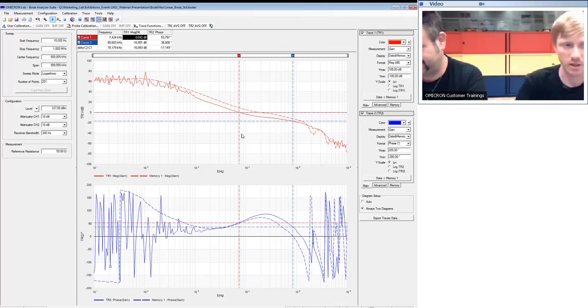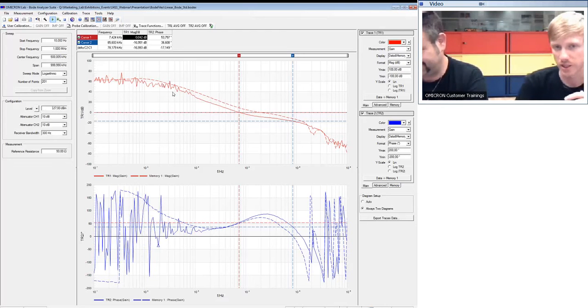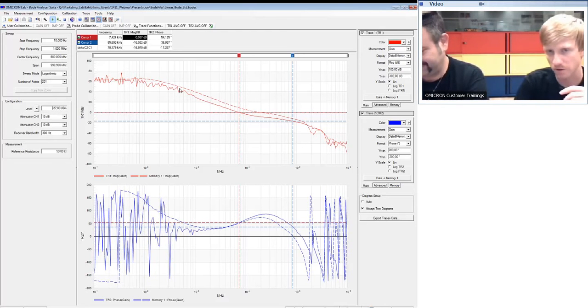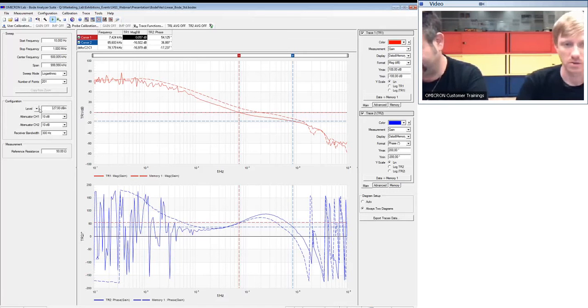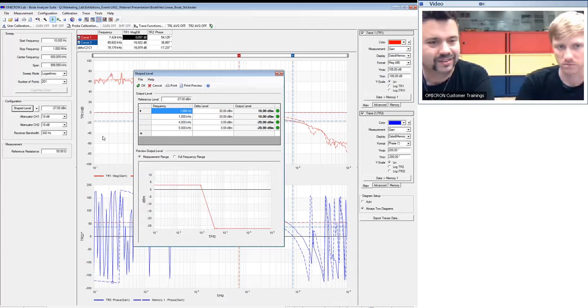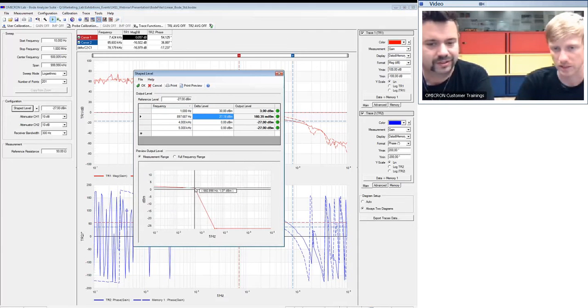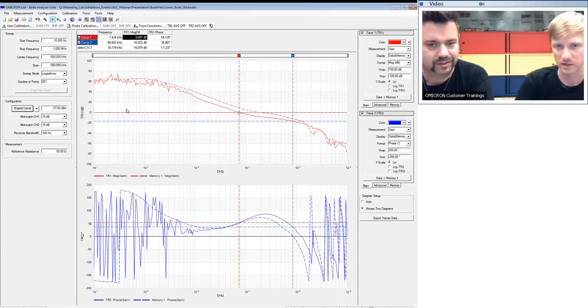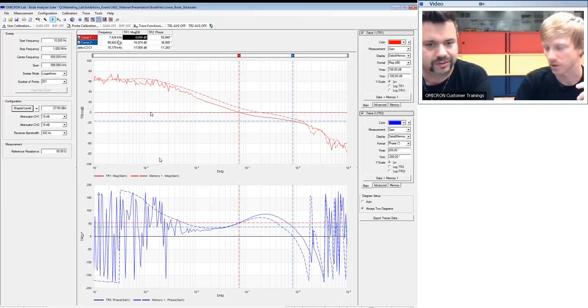If you now would like to have a cleaner curve at the lower frequency end, we could again use the shaped level feature to increase the level at lower frequencies, and we won't go that high anymore because we have seen that the system is now even more sensitive to noise.